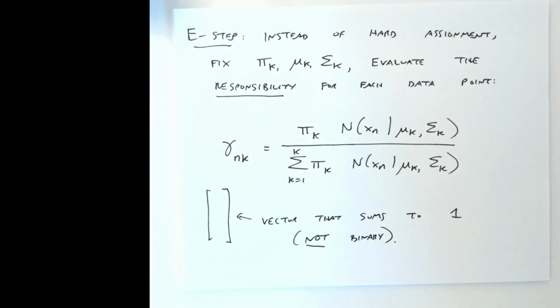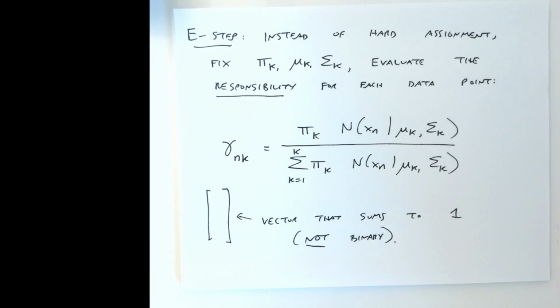The numerator is the likelihood of the kth Gaussian evaluated at the nth data point, and the denominator is the whole mixture model evaluated at the data point. So it's like saying how much of the likelihood is the kth Gaussian responsible for.